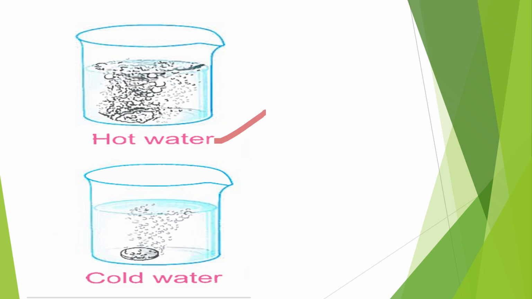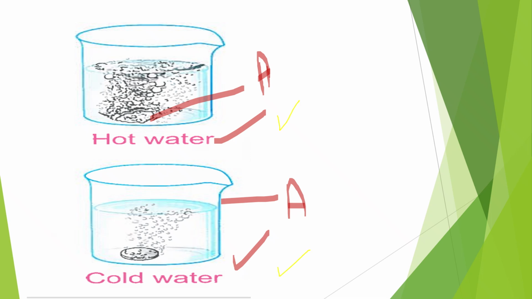Here I have hot water and cold water, and we have a chemical substance. I'll say this substance is A. On the other beaker, we have the same substance, I mean substance A. The rate of the chemical reaction in case of the hot water will be greater than it in the cold water.